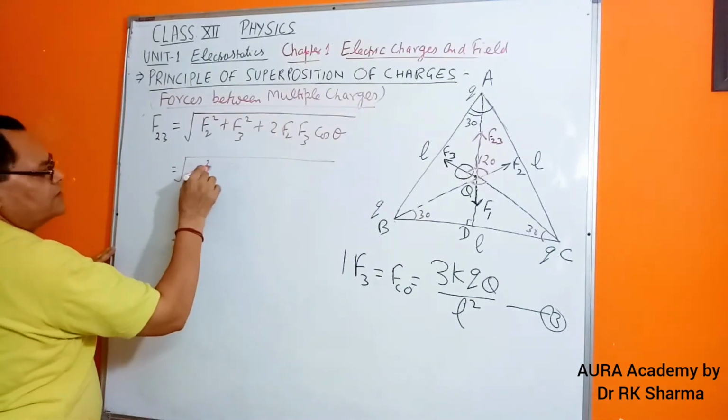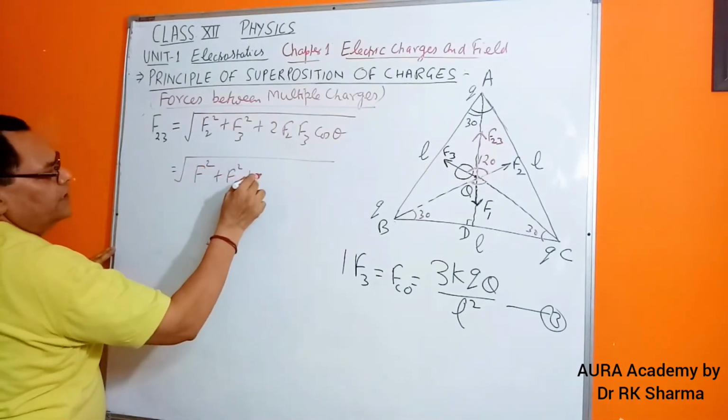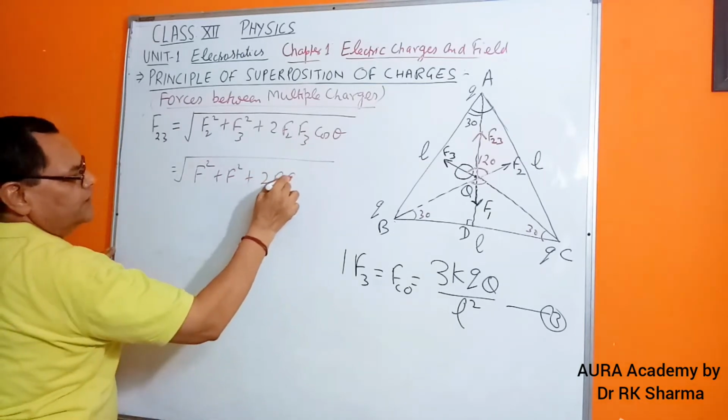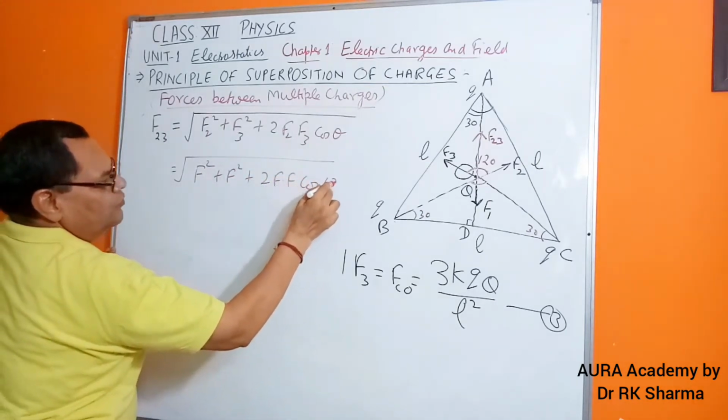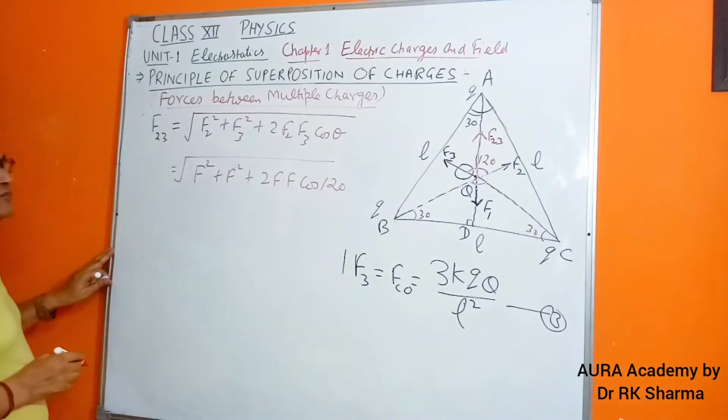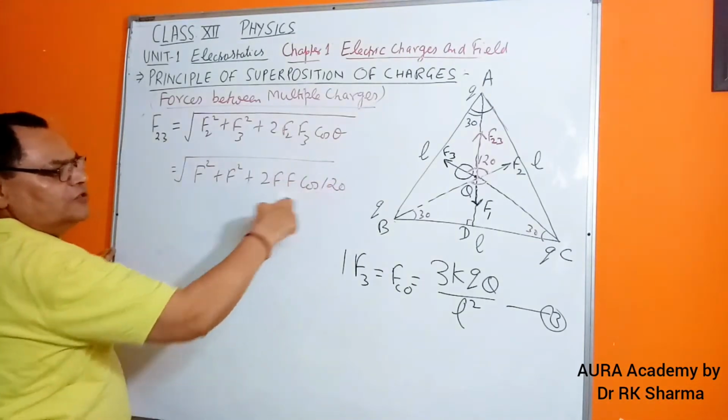So this is F square, this is also F square, this will be 2F into F, and this is cos of 120. And cos 120 degrees is how much?